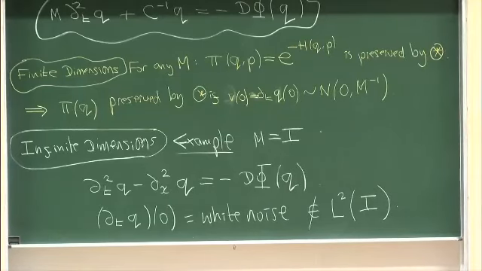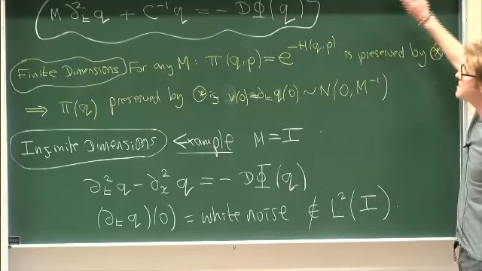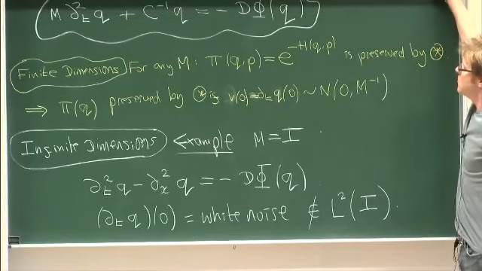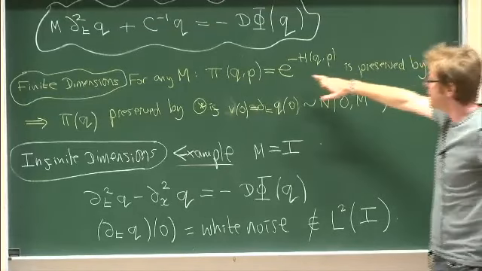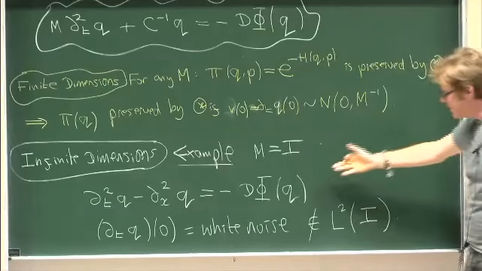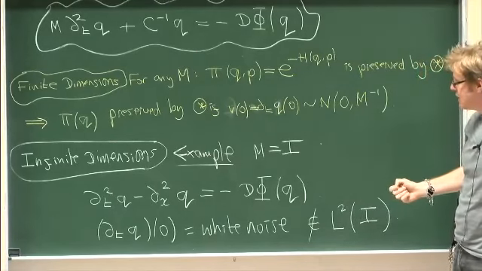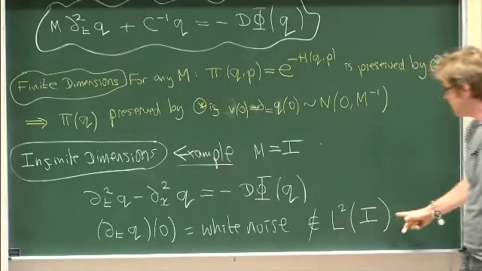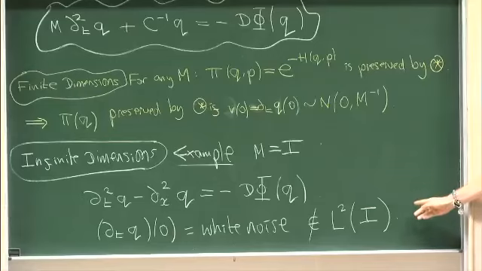So if one were to try and make sense of hybrid Monte Carlo for arbitrary mass matrices, you see that you run into the difficulties of making sense of semi-linear wave equations with very rough initial data. I'm not saying that can't be done.